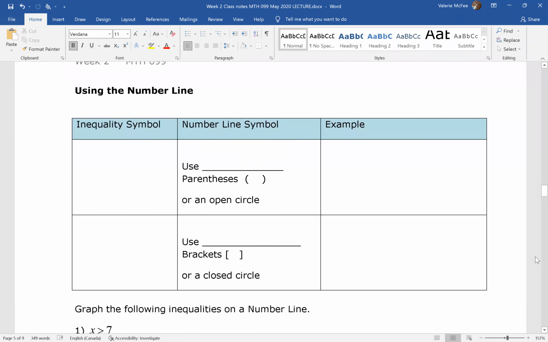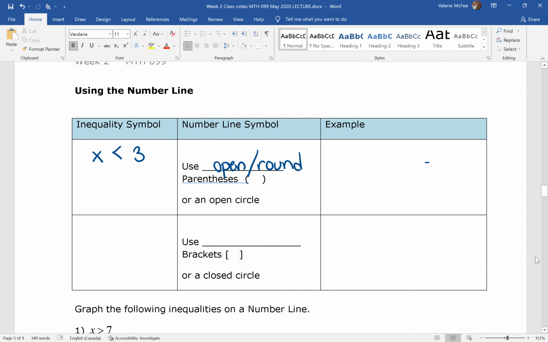We want to be able to put an inequality on a number line. We're going to use open or round parentheses if we're talking about greater than or less than. X is less than 3.